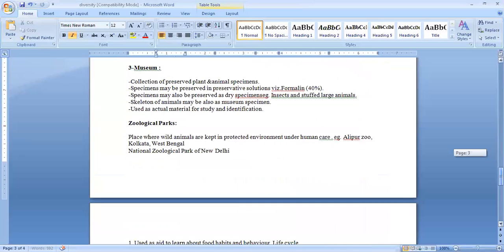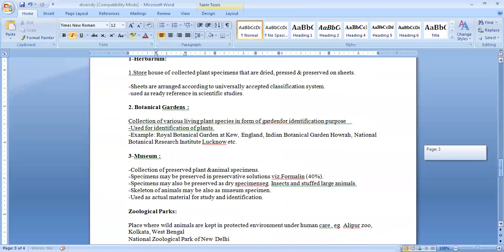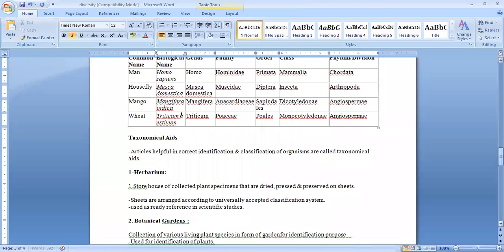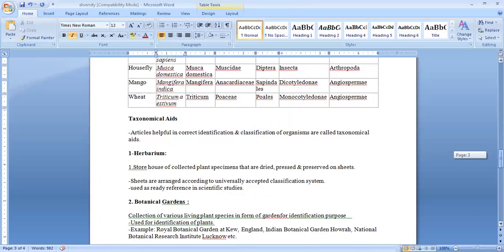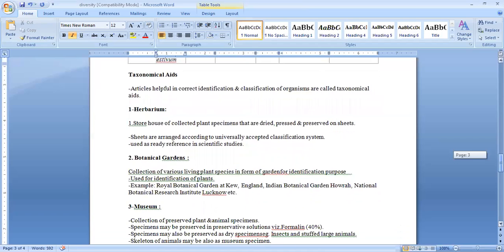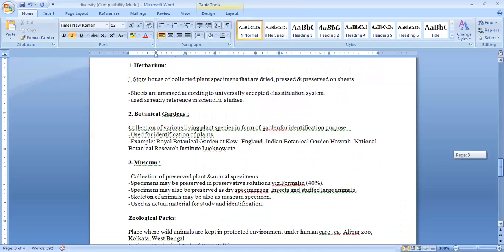Now there are some taxonomical aids which will help in keeping the diversity of the plants or animals. For example, there is a herbarium. Now, what is herbarium? It is a storehouse where plant specimens are collected, dried, and preserved, and they are accepted in the classification system. They are used for ready reference studies.